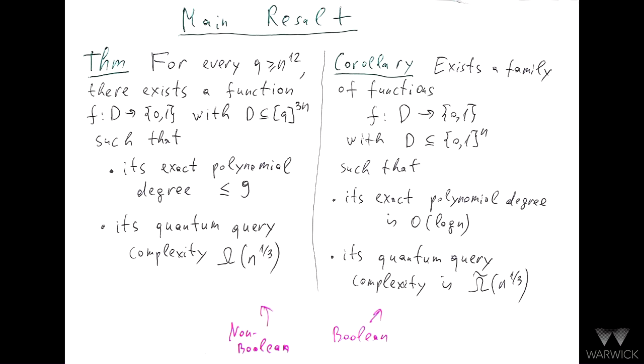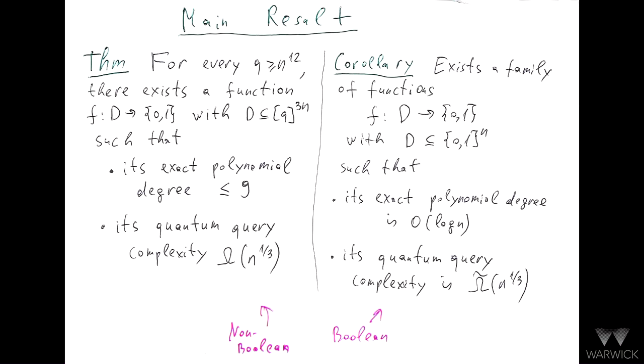By taking each input in this alphabet and encoding it as a bit string in the usual way, not in the indexing way as before, we get a family of partial Boolean functions with representing polynomial degree logarithmic and quantum complexity essentially cube root of n. This gives an exponential separation in the Boolean case, versus constant versus polynomial in the non-Boolean case.